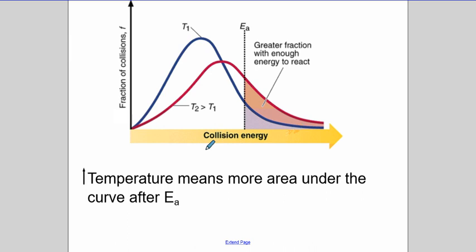So the two big things that you can notice from these graphs: even though this graph right here is shorter, it's shorter because it's more spread out over a range. That means the activation energy is more spread out because it has a higher average. So the shorter the graph is, the higher the average temperature or average activation energy there is.